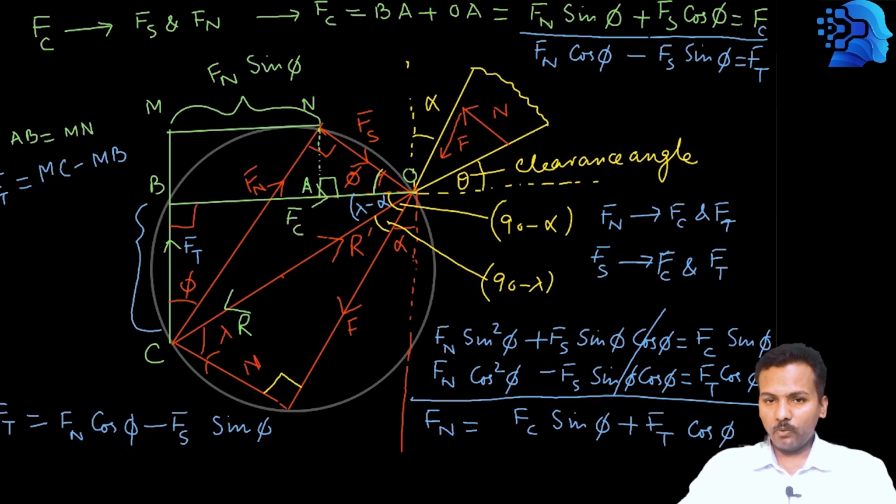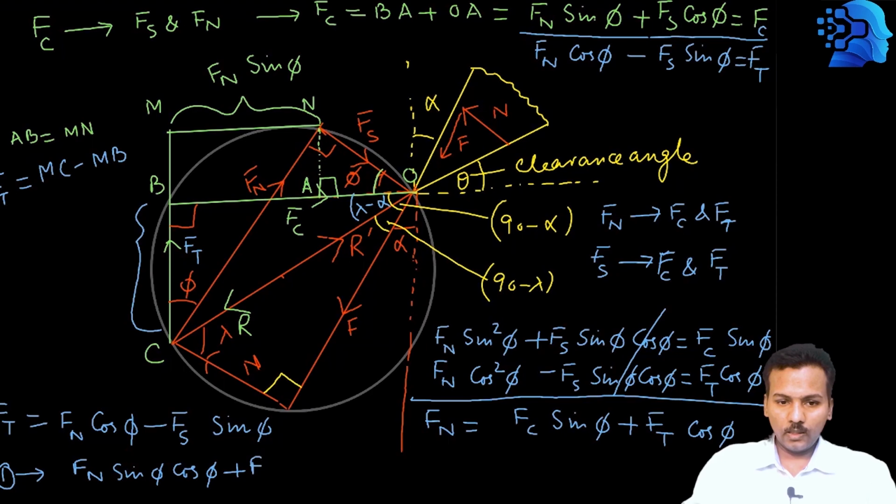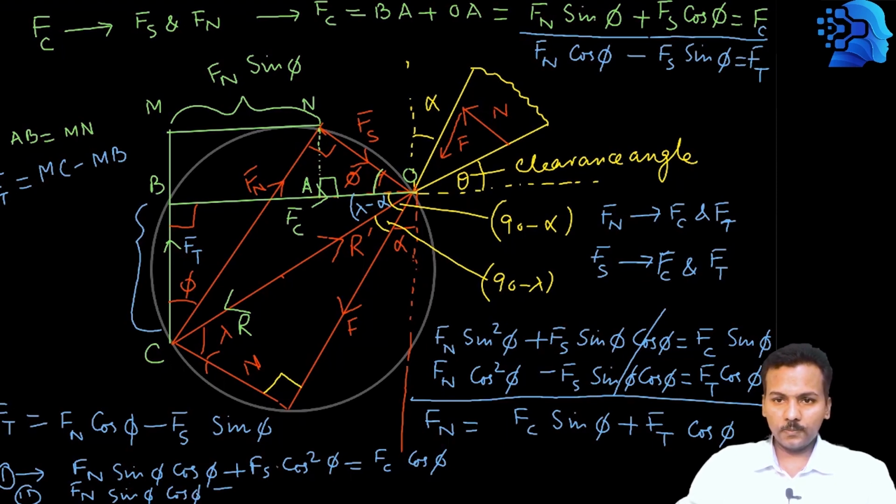Now you see that when we multiply this equation, Fn sin phi plus Fs cos phi equal to Fc by the cos phi, it will become Fn sin phi cos phi plus Fs cos square phi equal to Fc cos phi. Second is Fn sin phi cos phi minus Fs sin square phi, and that equal to Ft sin phi.